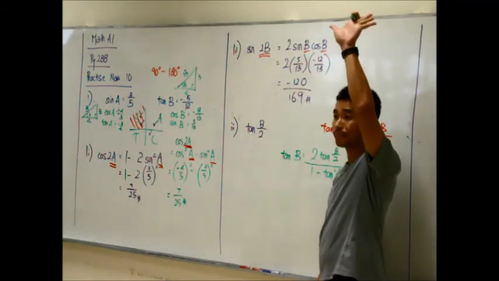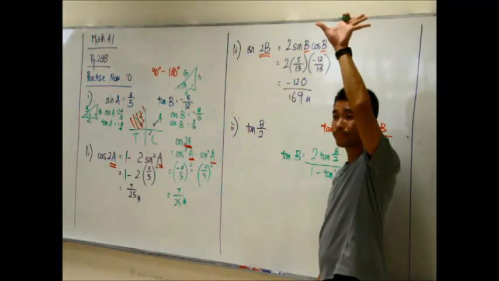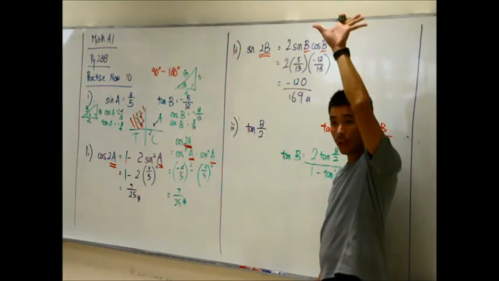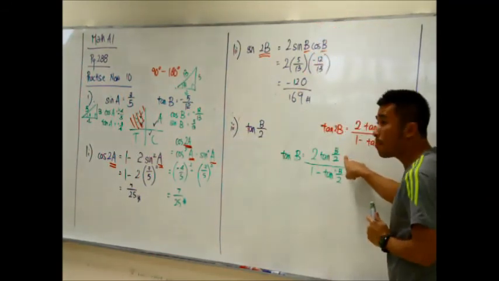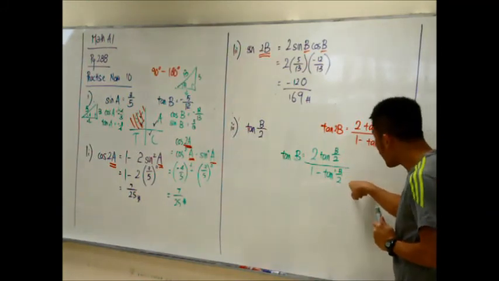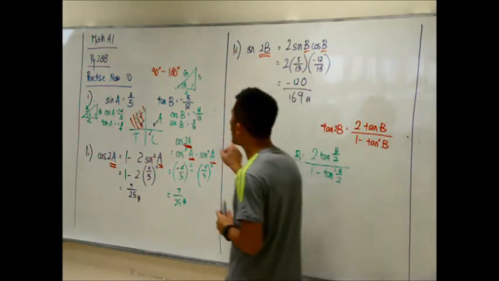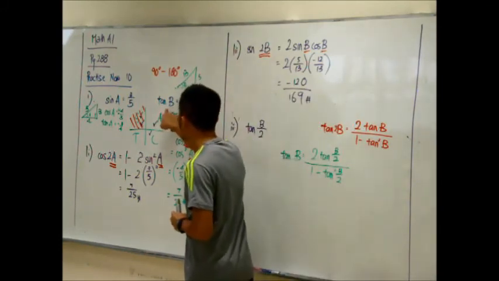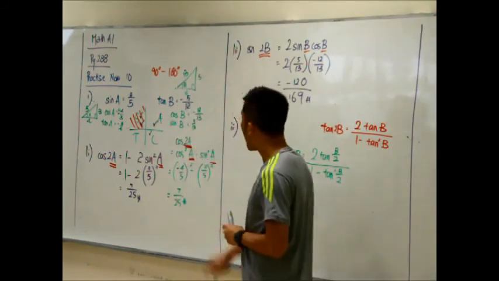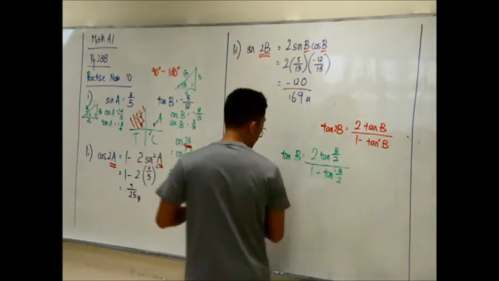Who is lost now? Anyone? Okay. Do we have a tangent b over 2 over here? We have a tangent b over 2, but it's a square over here. But we only have values over here for tangent b. So I plug in this value of tangent b first.